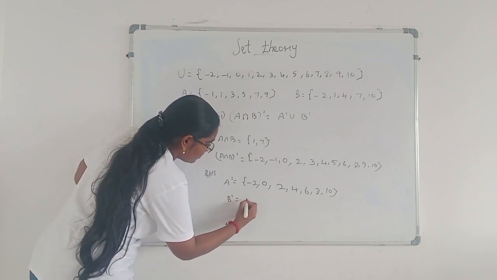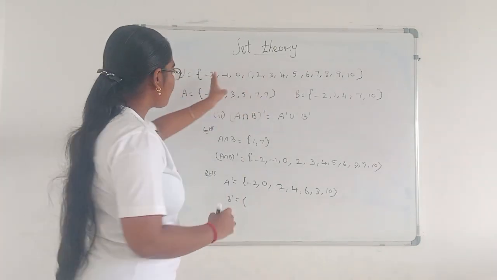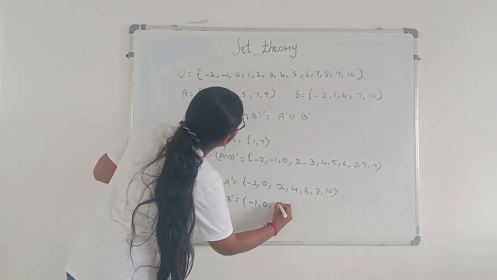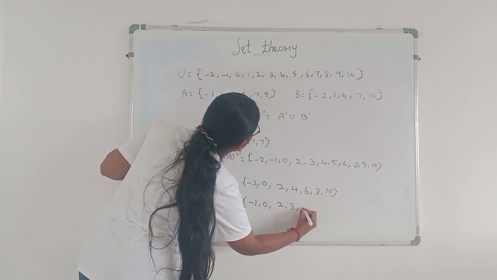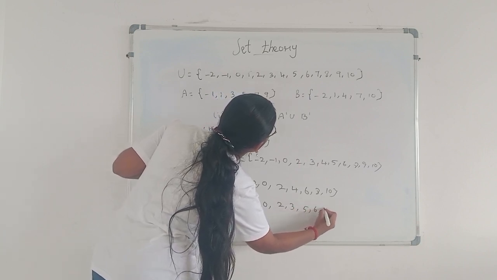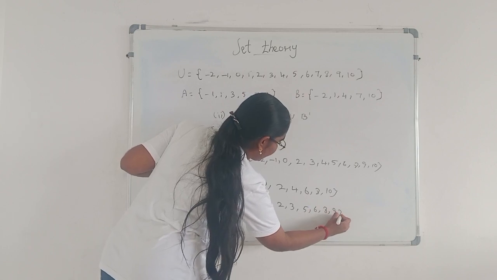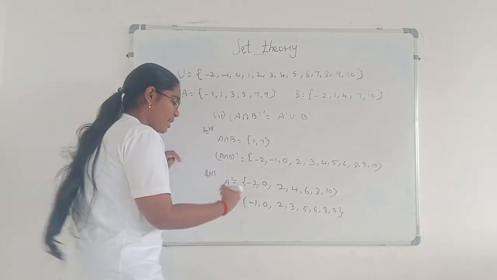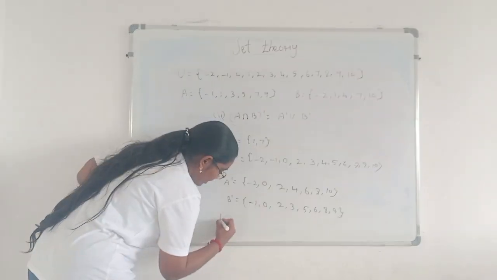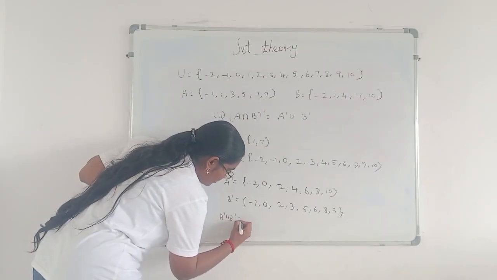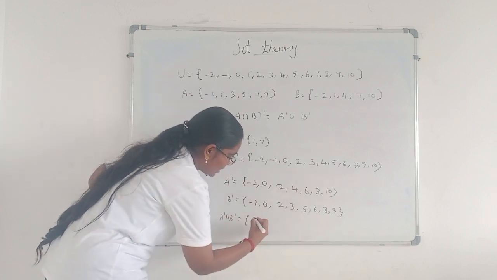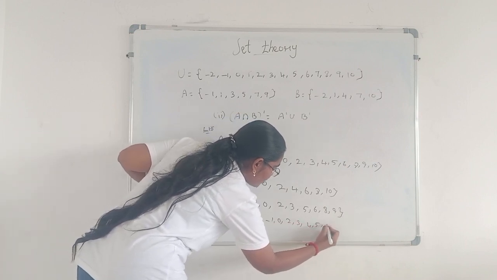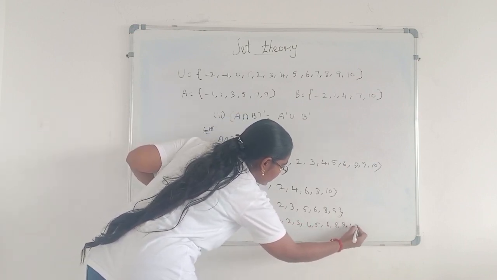Next B': -1, 0, 2, 3, 5, 6, 8, 9. At last find A' union B'. So union means you will combine and write. So -2, -1, 0, 2, 3, 4, 5, 6, 8, 9, 10.